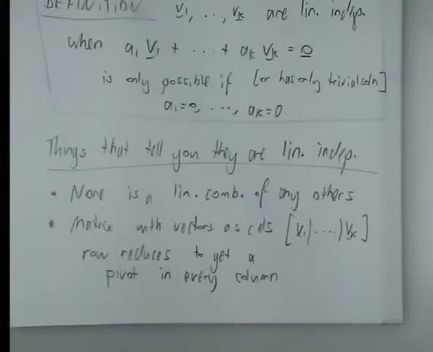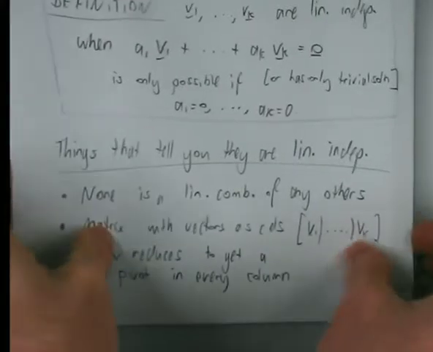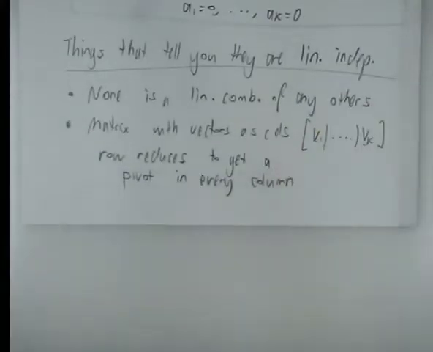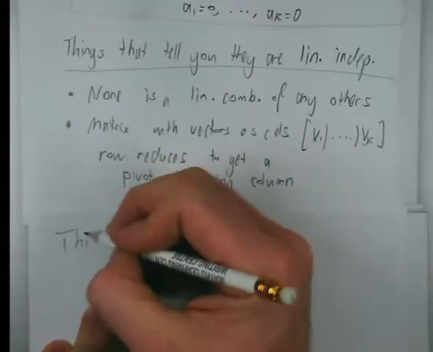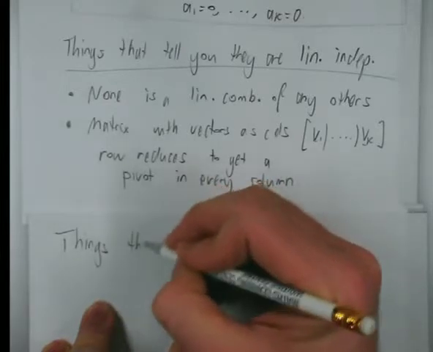You only have to go to the stage where you can tell where the pivots are going to be. So if you can, with some row operations, tell where the pivots are going to be, and there's going to be one in every column, then they're linearly independent. Okay. There's a much longer list of things that tell you that things aren't.